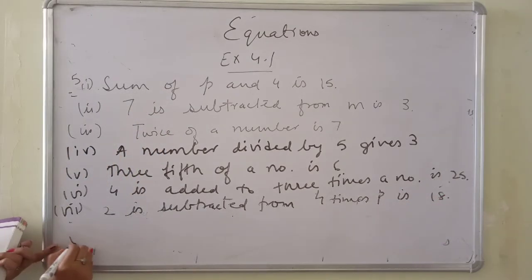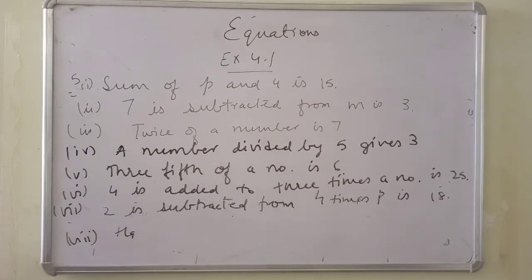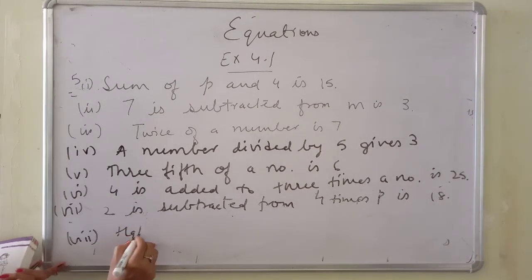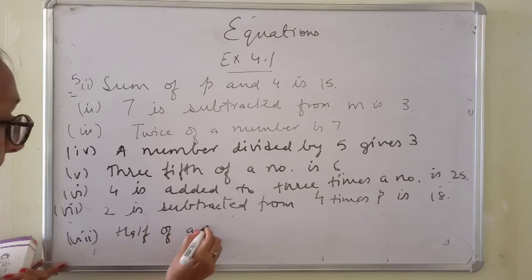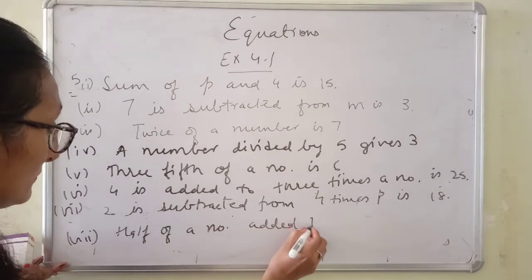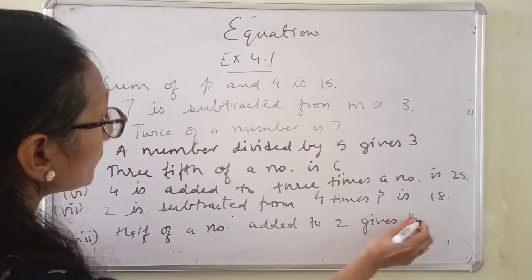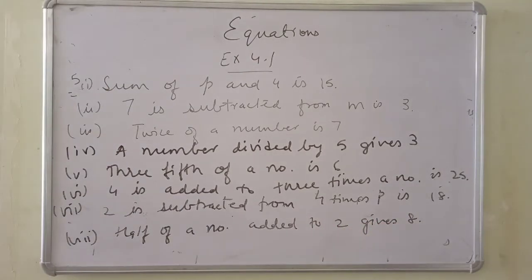And the last one is half of a number, p upon 2 plus 2 is equal to 8. So how can we write it? Half of a number added to 2 gives 8. Now all of you can write. You can take a screenshot also.